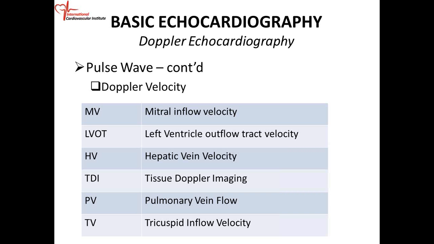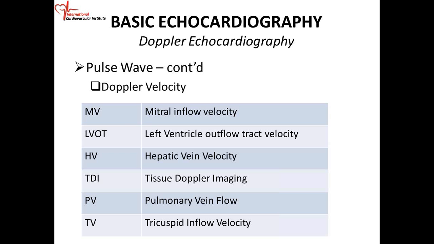So you have to know what flow you need to use your pulse wave for, and what flow you need to use your continuous wave for. TDI, tissue Doppler imaging, where you actually look at the movement of the tissue, and it's the muscle. So you look at the movement of the muscle, say at the mitral annulus or the tricuspid annulus.